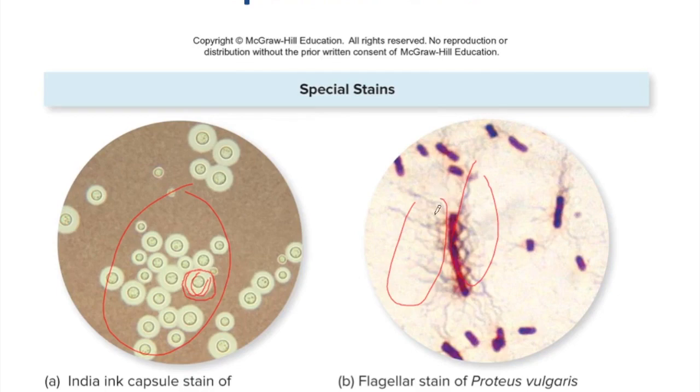If we find the bacteria have flagella, that means these microorganisms are different from others. For example, this stain is used for Proteus vulgaris.